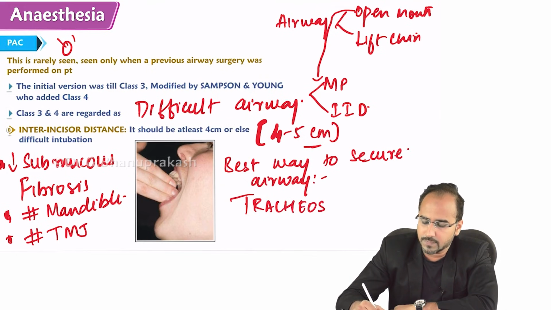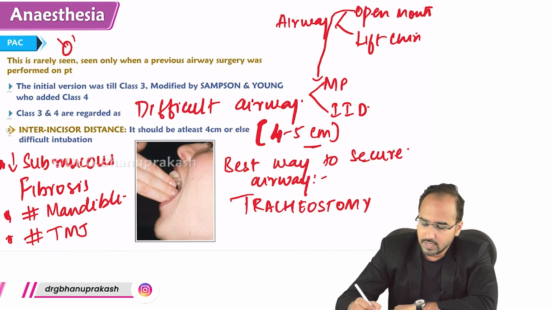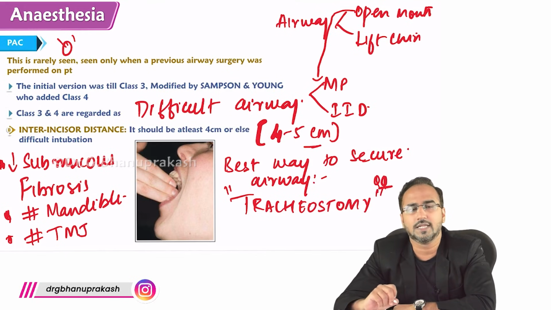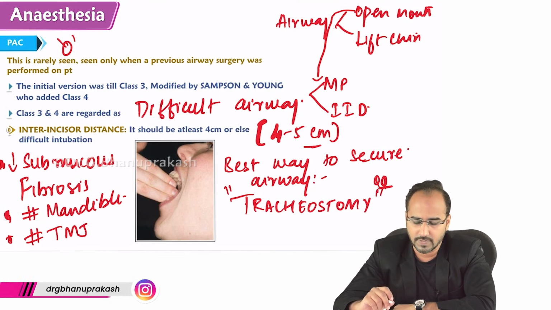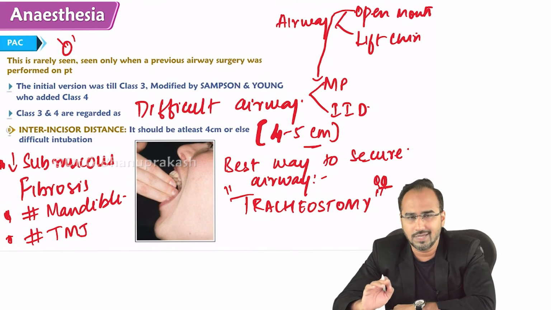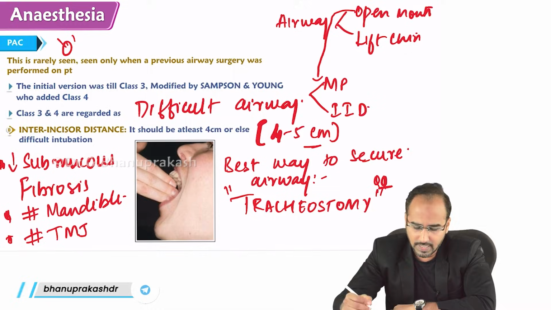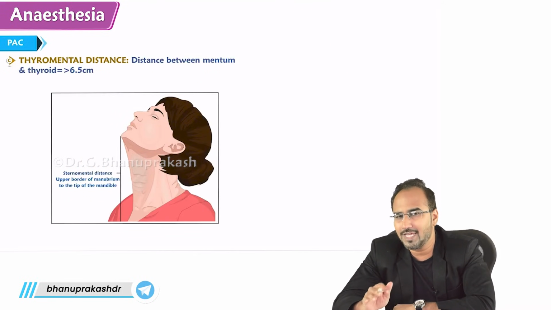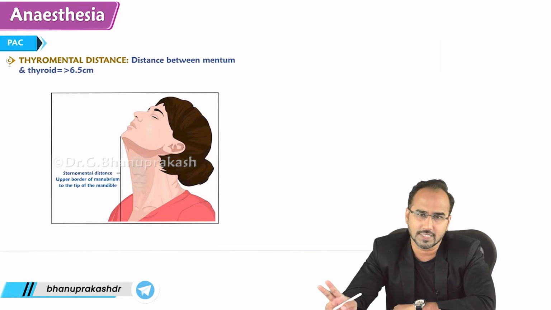If you are not able to put the tube through the oral cavity, then directly put the tube through the trachea. That is called as what, guys? Tracheostomy. Right? So remember guys, mouth opening is done, Mallampati is done, and inter-incisor is done.